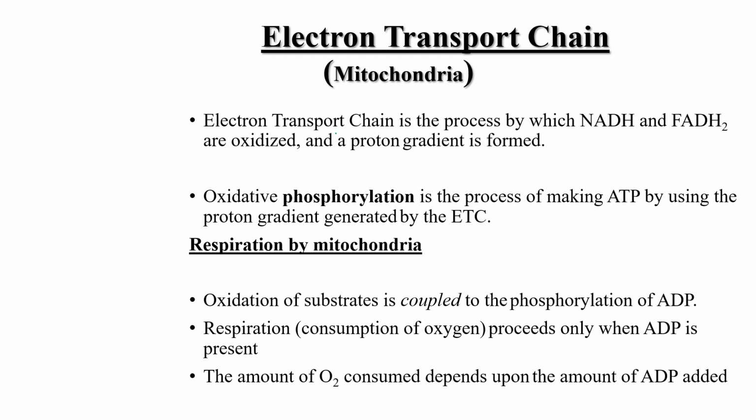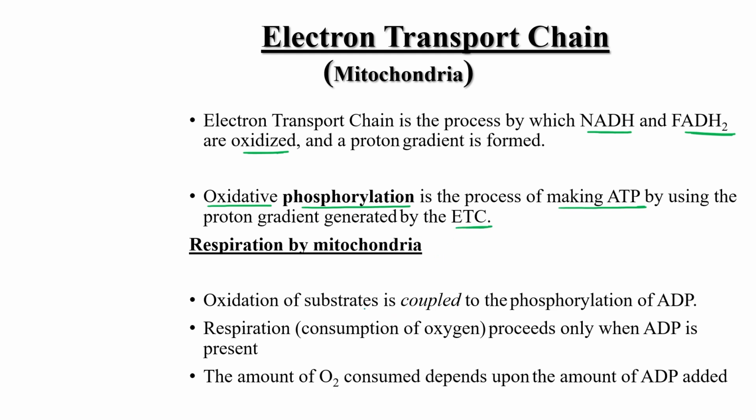This electron transport chain is a process by which the NADH and FADH2 generated during the Krebs cycle are oxidized and a proton gradient is formed. Oxidative phosphorylation is also a part of this electron transport chain. It is a process of making ATP by using the proton gradient generated by the electron transport chain.